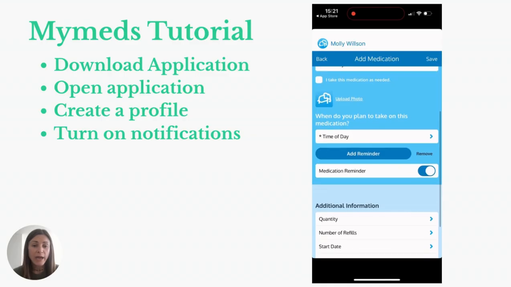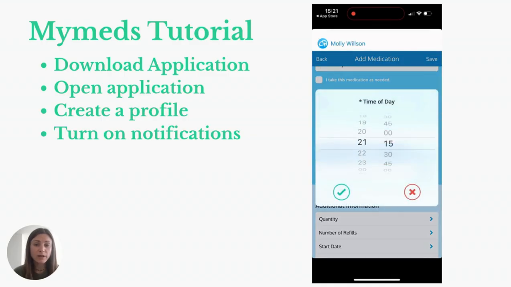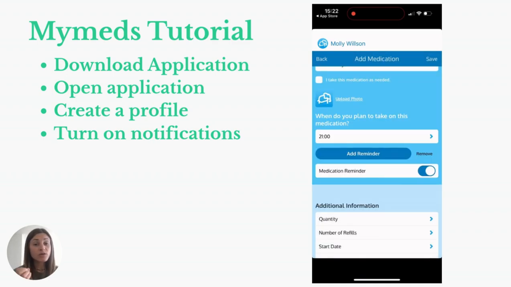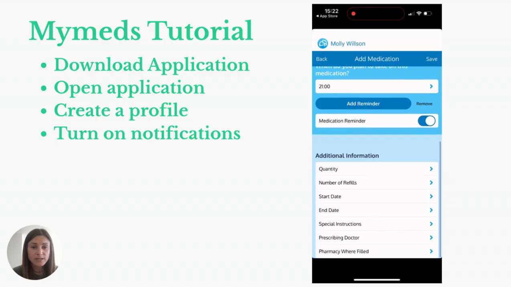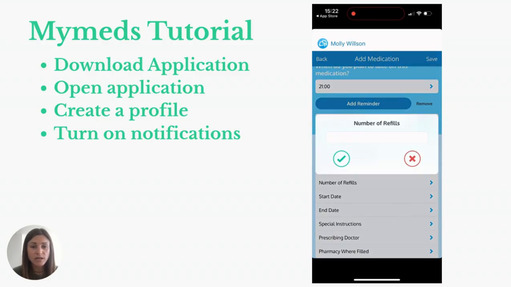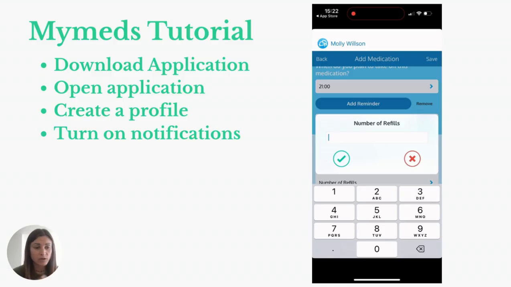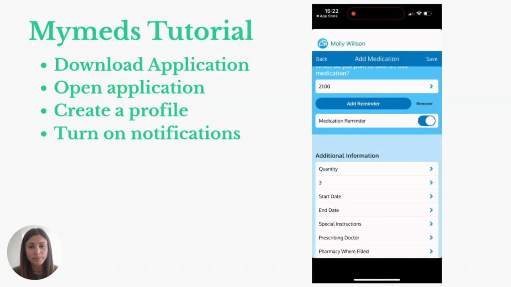So then add reminder. The reminder button here is already on, and then you can choose the time of day you want the reminder to notify you when you want to take your medication. And a few other things on here. So you hit save, and then it will take you to the dashboard homepage.